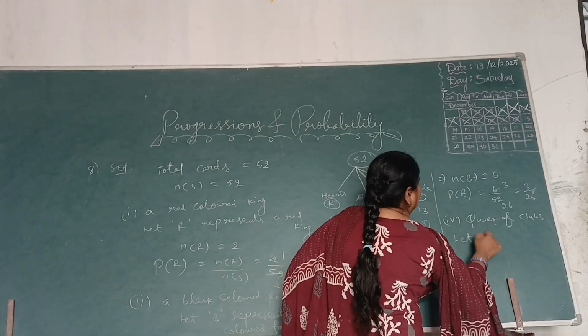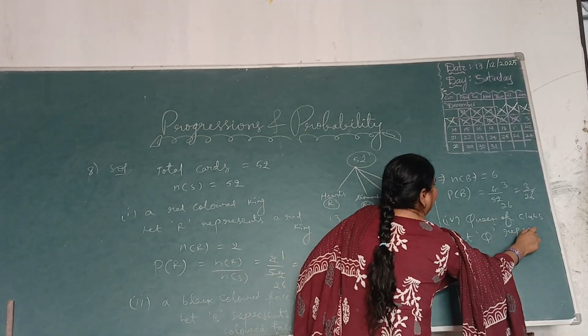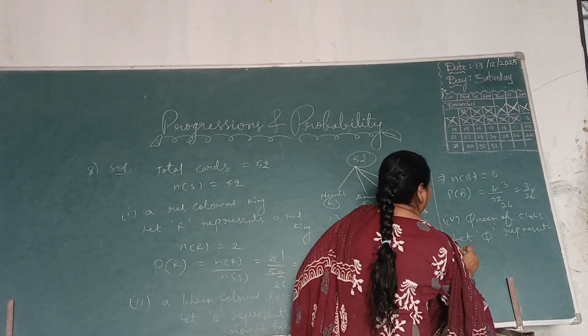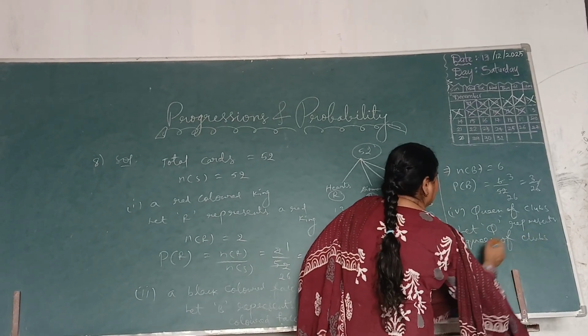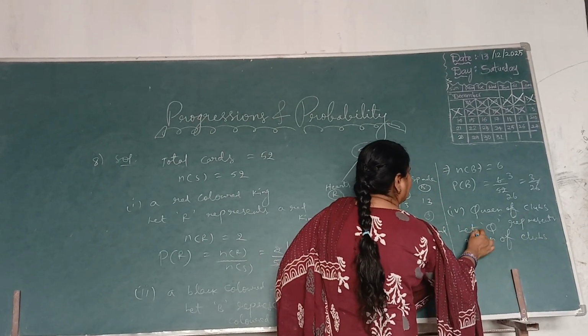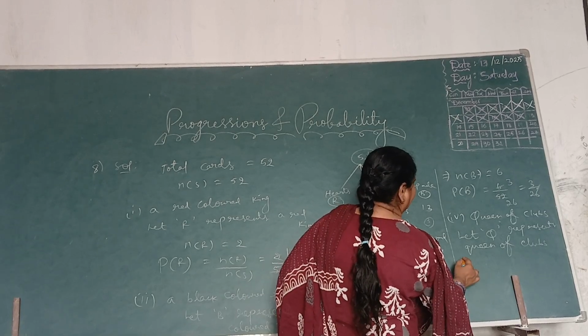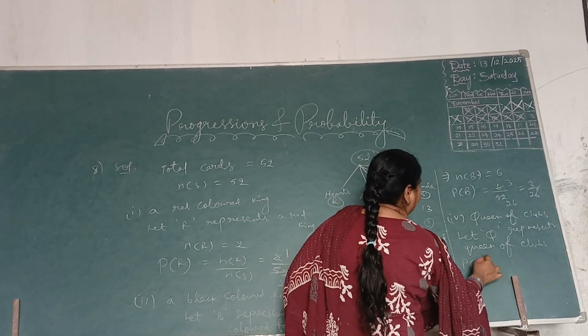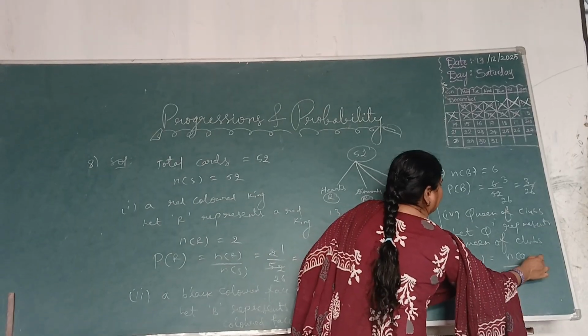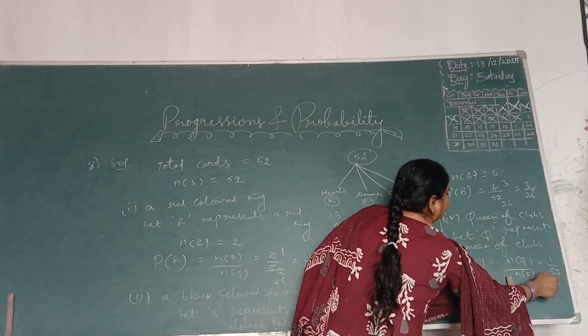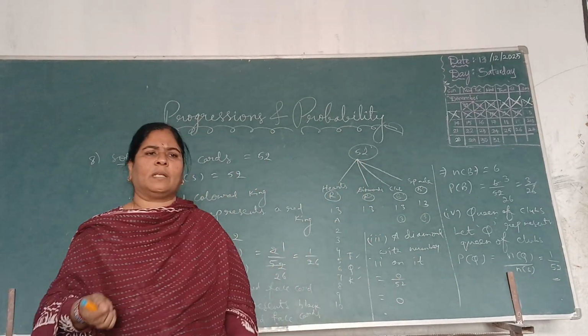Let Q represent queen of clubs. Why am I writing all this? As it is a long answer question, it is compulsory to write. So P of Q is n of Q by n of S, 1 by 52, because total cards are 52.